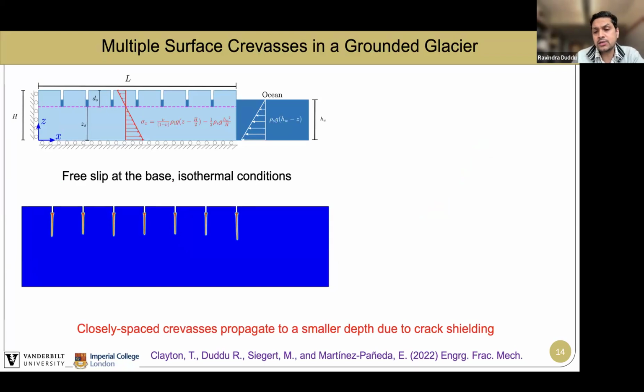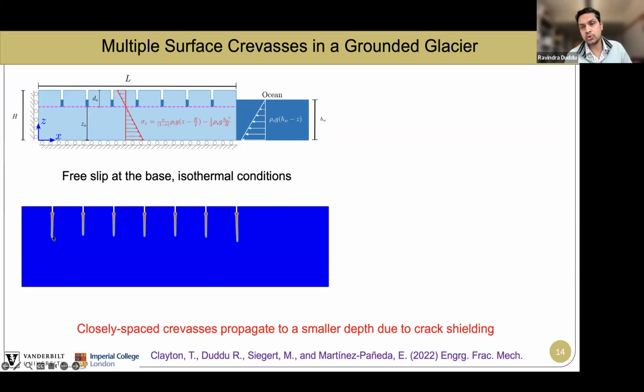And then the next thing we said is, okay, that was an isolated crevasse. What if we had multiple crevasses, sort of like the Nye zero stress case, right? And we do see that in this situation, you get most of the cracks propagating to a depth that is similar, but you see that the extreme cracks obviously have some variability.